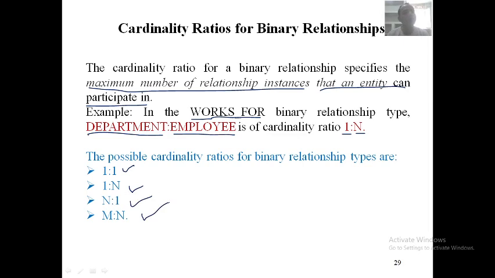These are the 4 possible cardinality ratios. We'll see them one by one. Hope you understood what cardinality ratio is and why we need it. So, by looking at the possible combinations of cardinality ratios, let us look at these one by one.